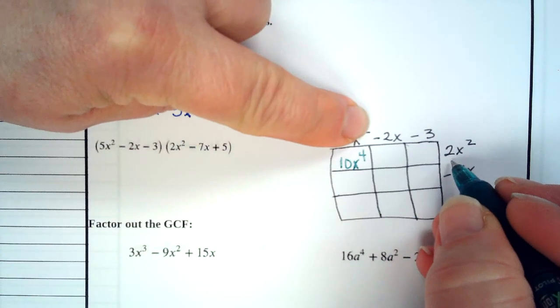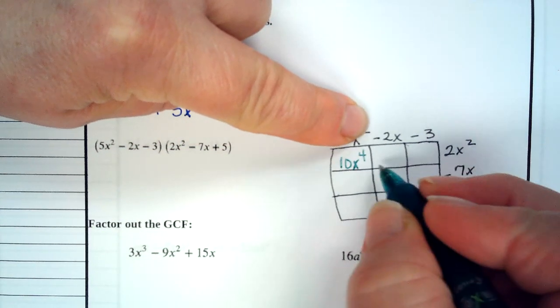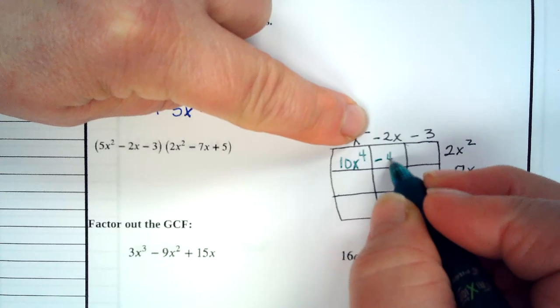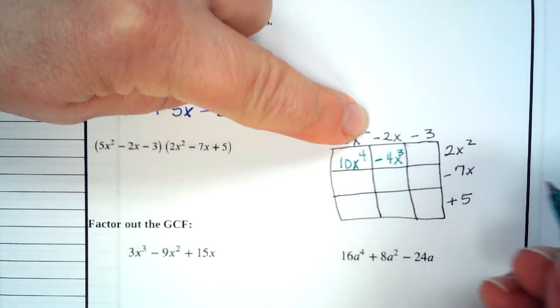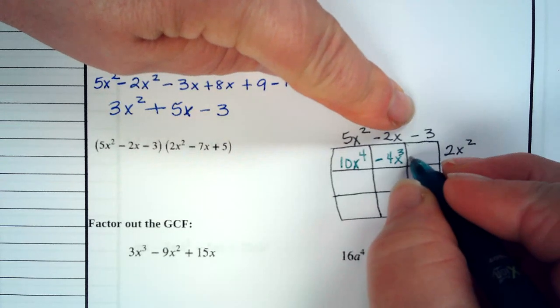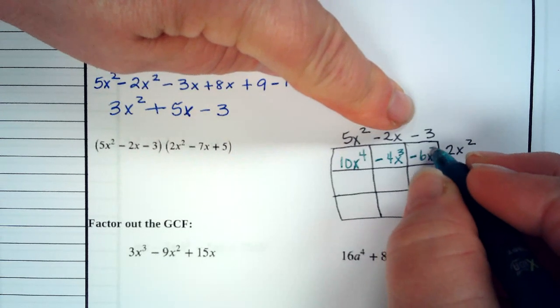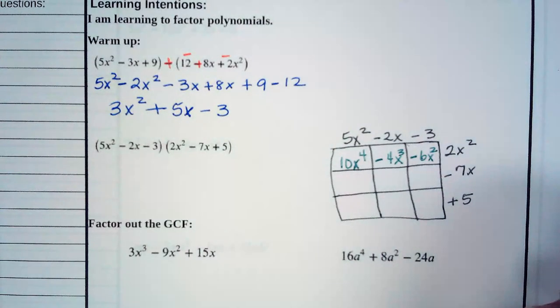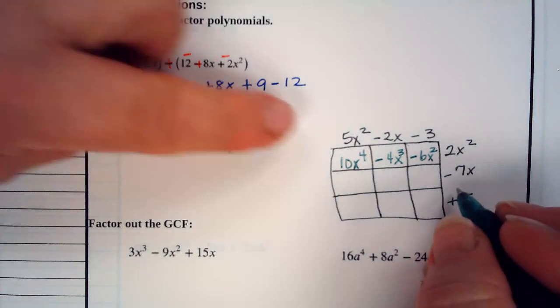Negative 2x times 2x squared, negative 4x to the third. Negative 3 times 2x squared is negative 6x squared. I've got the first row done. Let's go to the second.